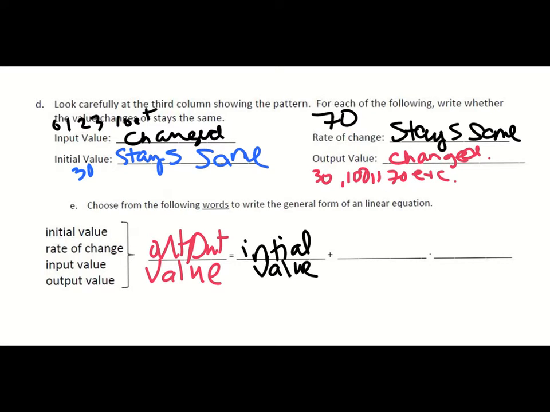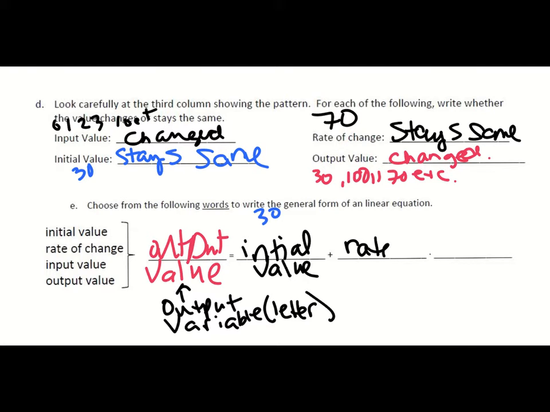That stayed the same. That never changed. Normally we're going to call the output value an output variable later on, because you're going to make a letter out of it. But you're always going to put a number in the initial value. Plus, this is going to be your rate of change.